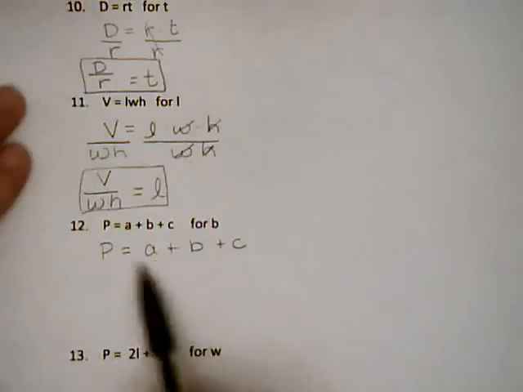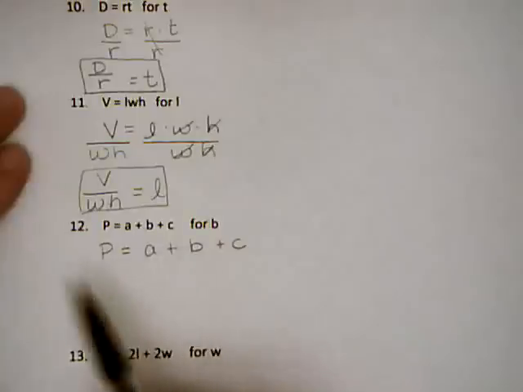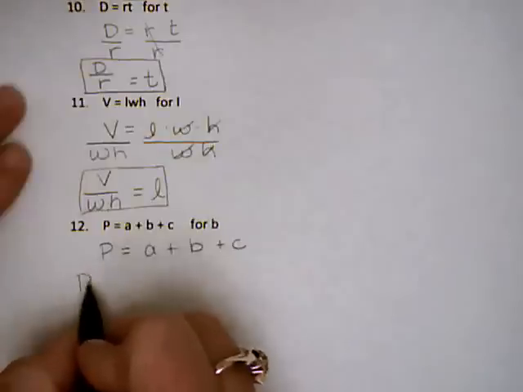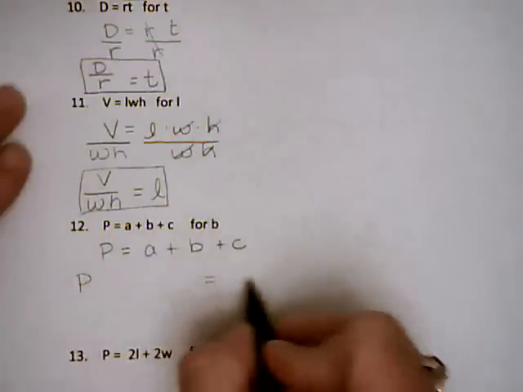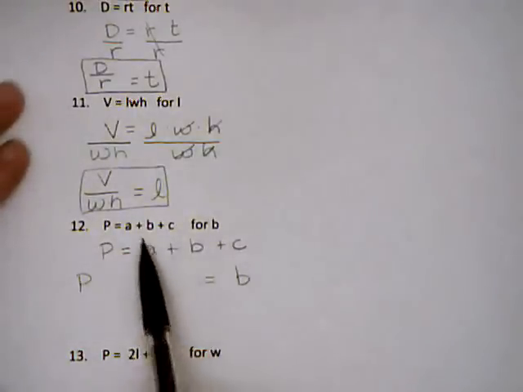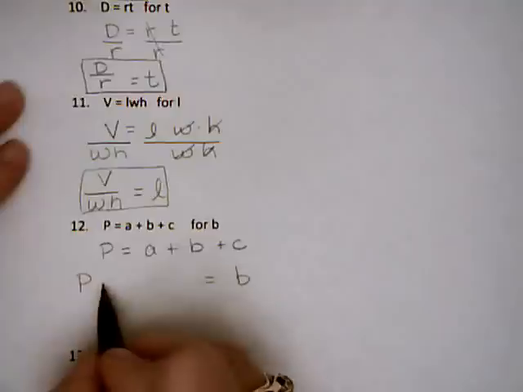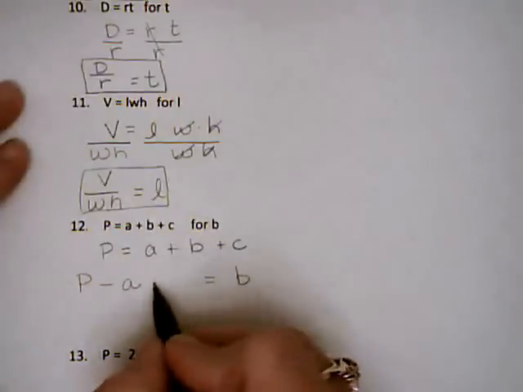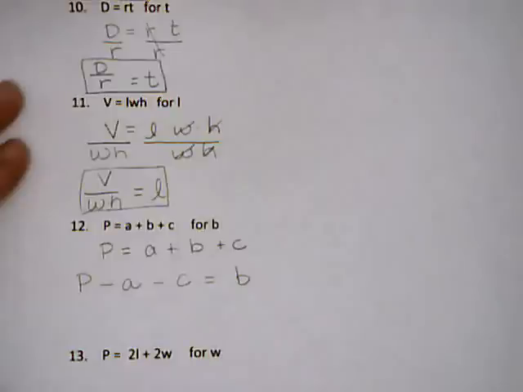I would just want to move those over, like we move our variables over in the other equations. So I already have a P. I want to just have B by itself. So if I move A over the equal sign, it's going to make it a negative A. If I move C over the equal sign, it's going to make it a negative C.